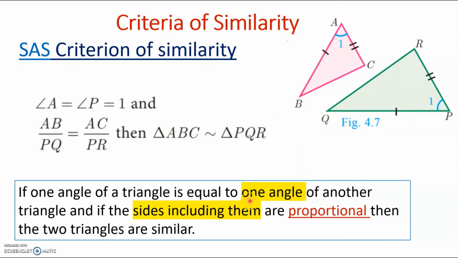So if one angle is equal and the sides including it are proportional, then the two triangles are similar triangles.